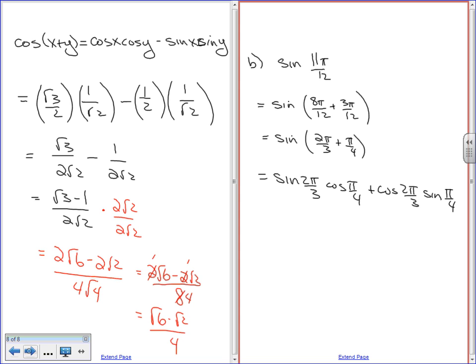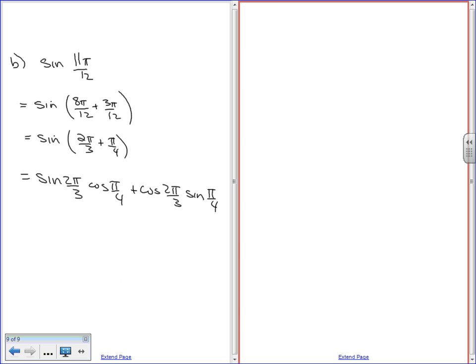So the sine of 2 pi over 3, this is where I need to use my related angles stuff. So I'm going to draw my angle. 2 pi over 3 is in which quadrant?